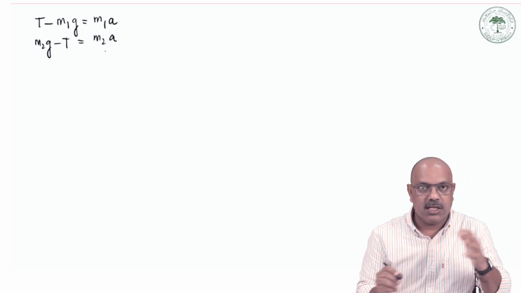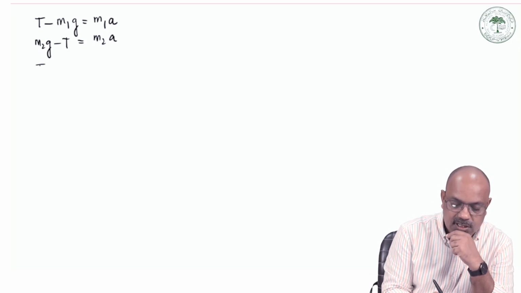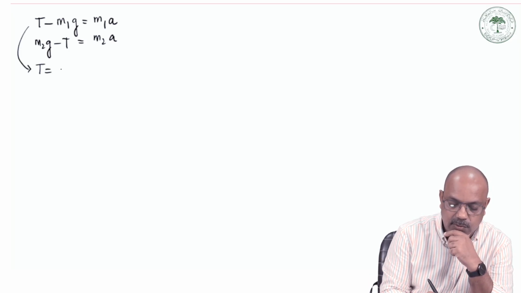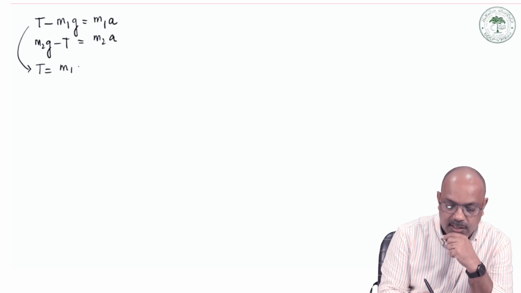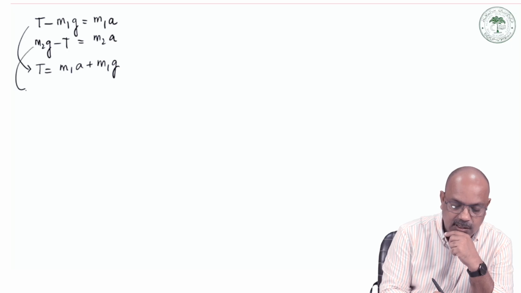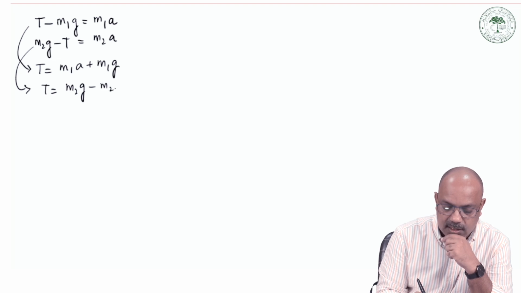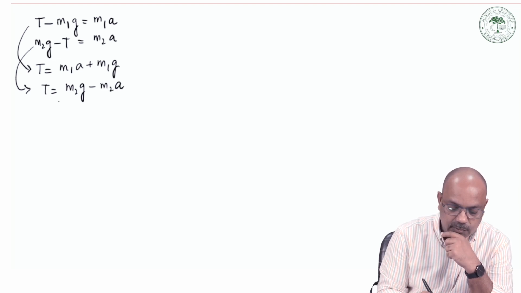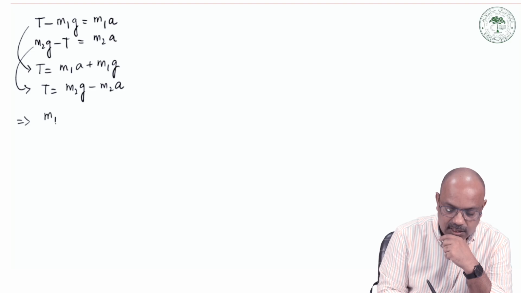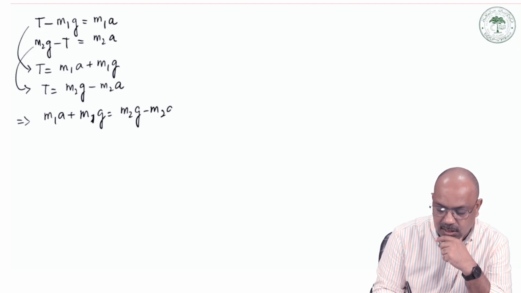Because the tension is the same, I can equate these equations. From here I have T equal to m1a plus m1g, and from here T equal to m2g minus m2a. Equating these two, m1a plus m1g is m2g minus m2a.